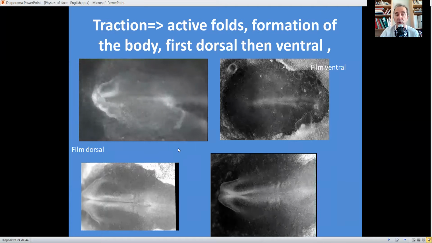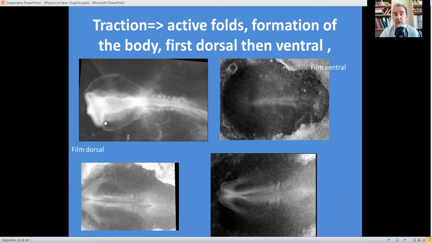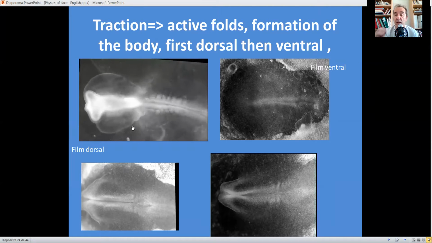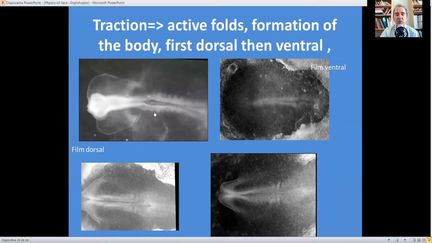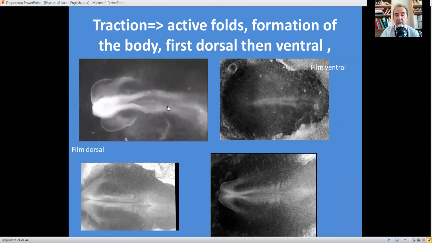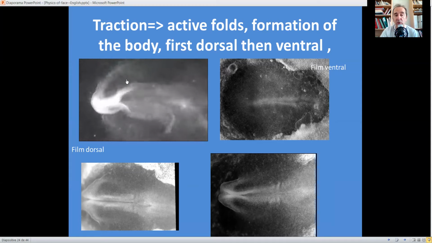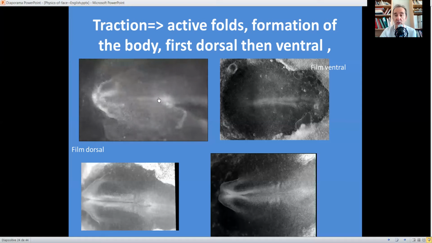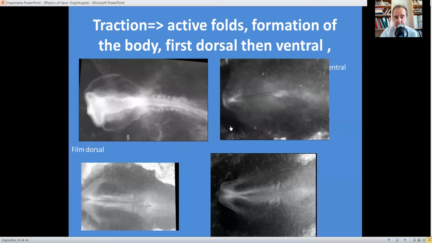If we follow this traction, you see that over a few hours, it's very rapid, it takes maybe 6 hours, you generate a rudiment of embryo, which is some sort of larva, which has a rudiment of eyes, rudiment of brain, a few rudiments of vertebrae, which are called somites. Here are the chicks, rudiment of chicks, and this is a neural tube. So you see that it's a viscoelastic problem of folds. This is a dorsal view, and this is a ventral view.